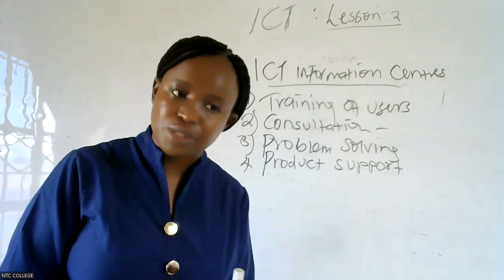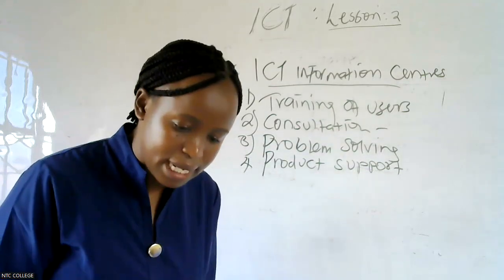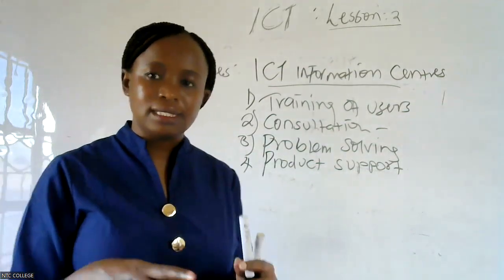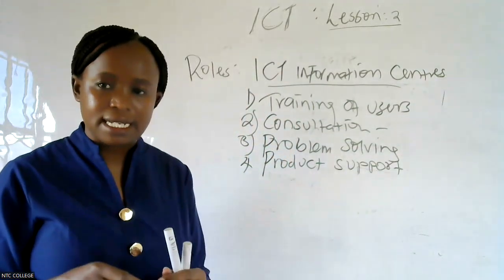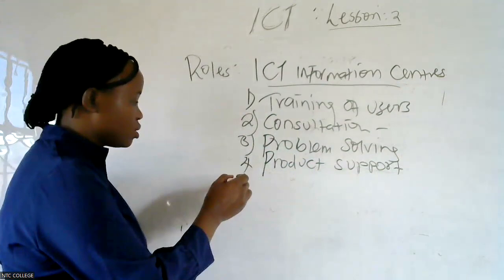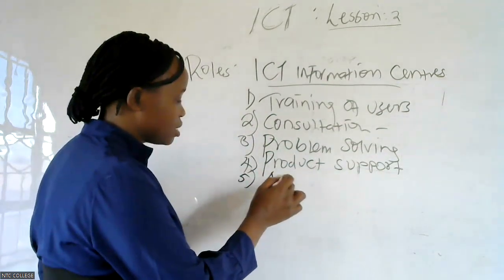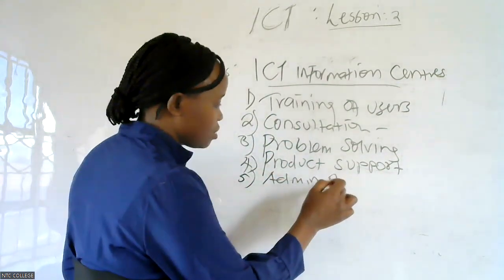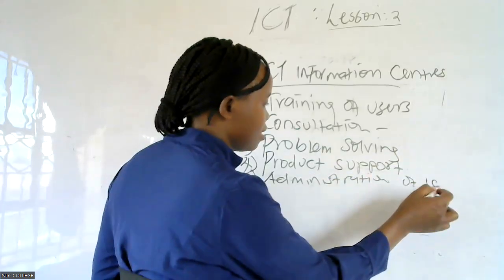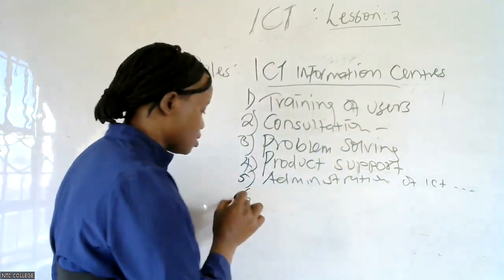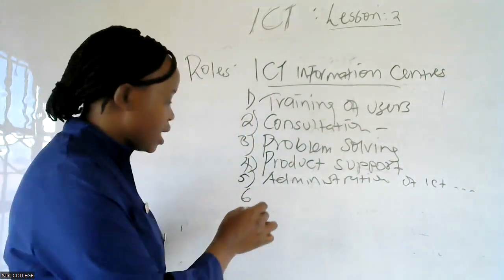So they are there to ensure we are supported with product information and product related queries. They also administer ICT resources. So they have a role in administration of ICT and its related resources.